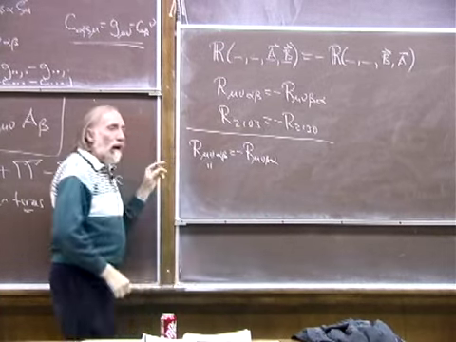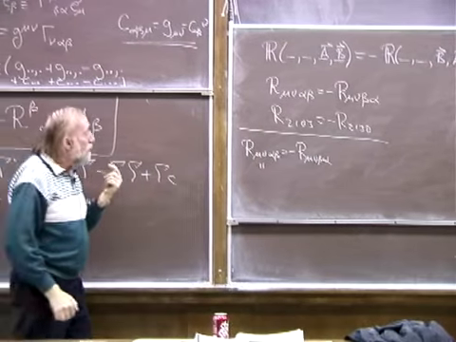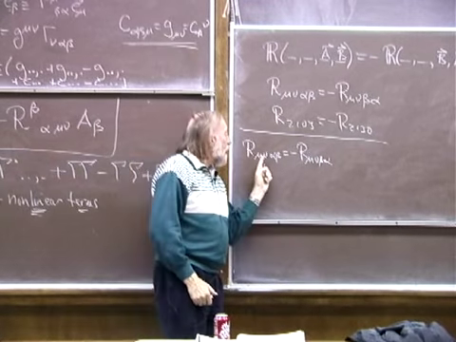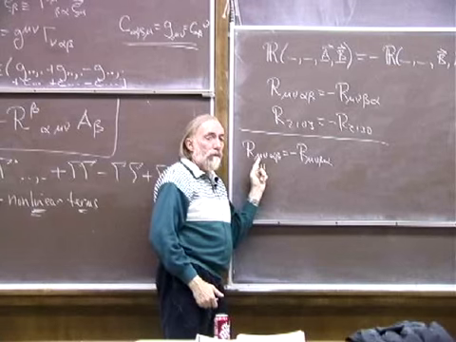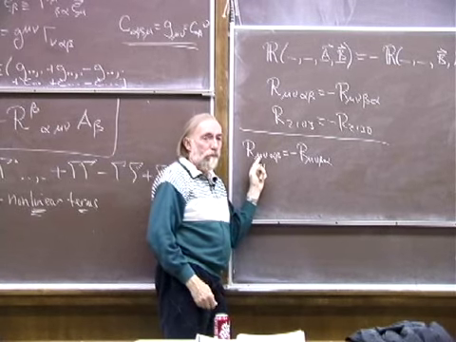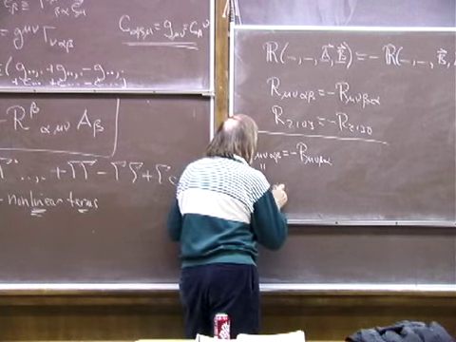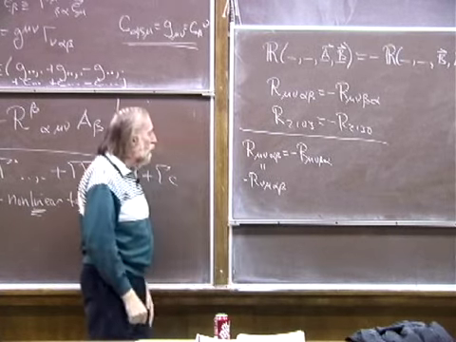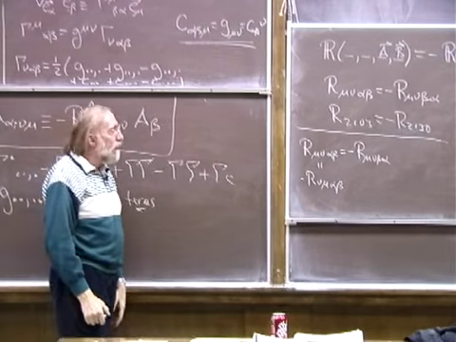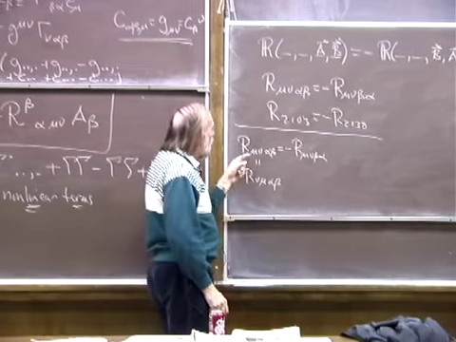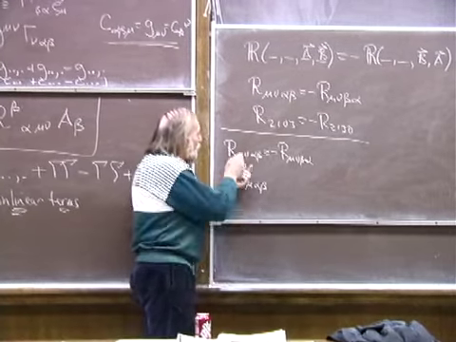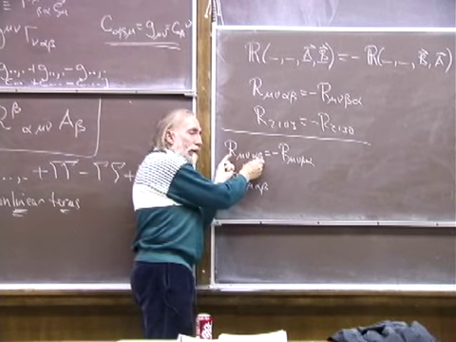It turns out that this is also antisymmetric in the first two slots, but proving that is not trivial. And so this is minus R nu mu alpha beta. If you interchange the first two slots, you flip a sign. And it turns out also that it is symmetric if you interchange the pairs of slots.